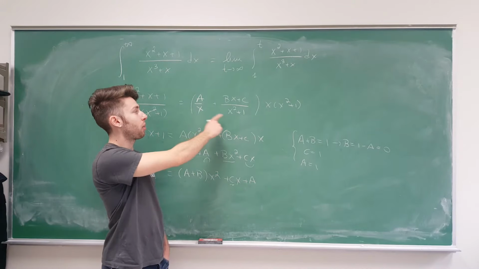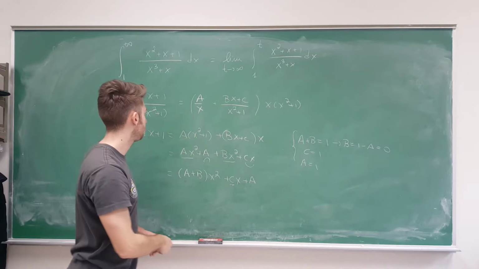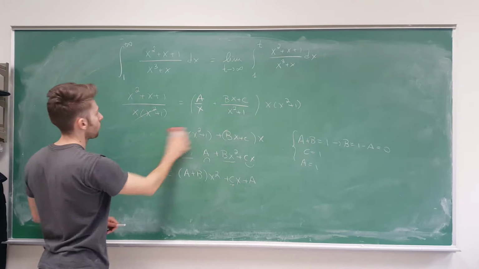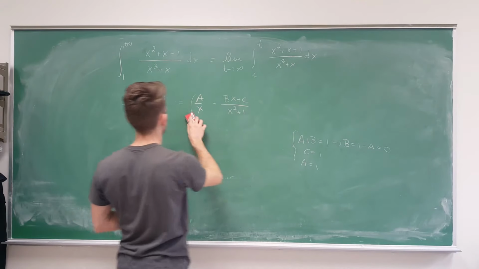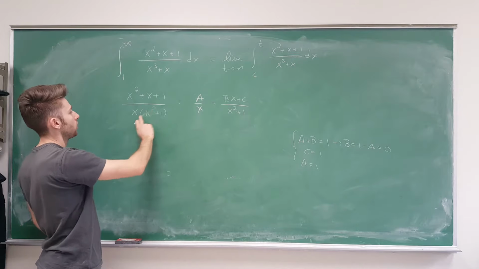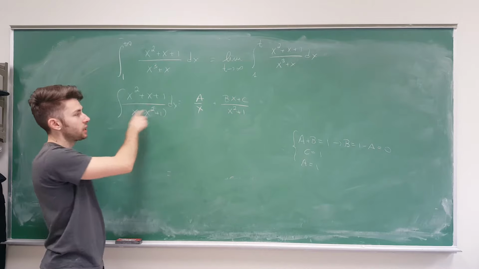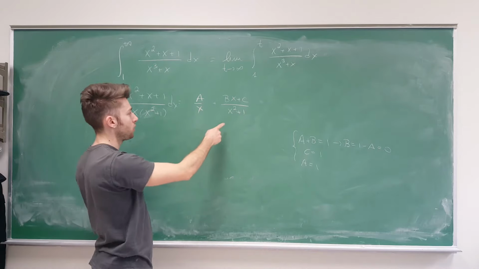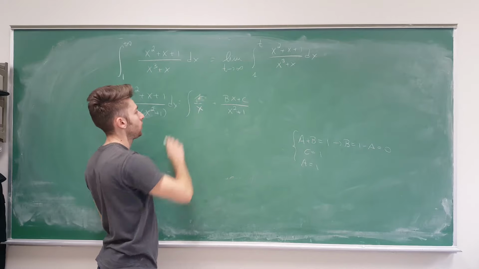And therefore we have our partial fractions decomposition by putting those coefficients in here. So this indefinite integral becomes the integral of these two. Now a is 1, so I can put it in here.